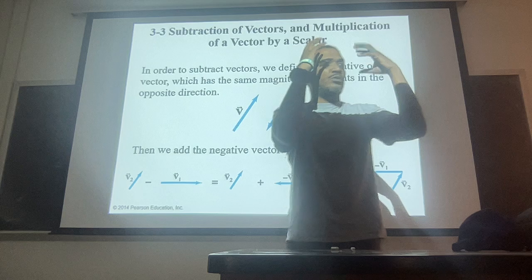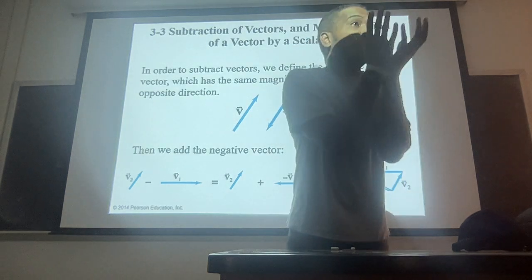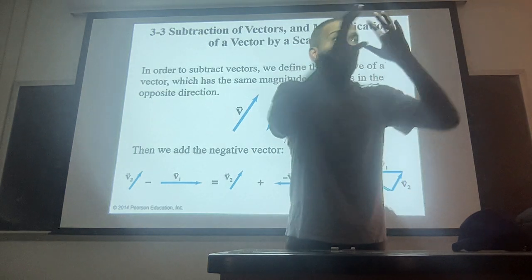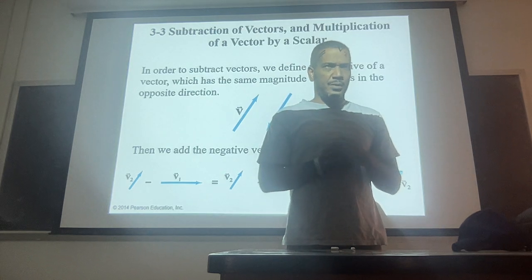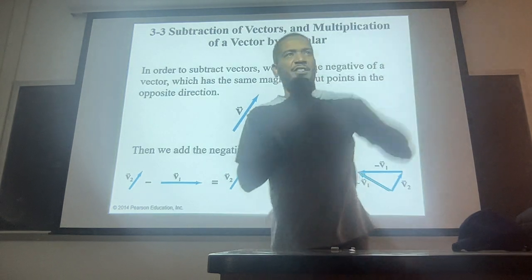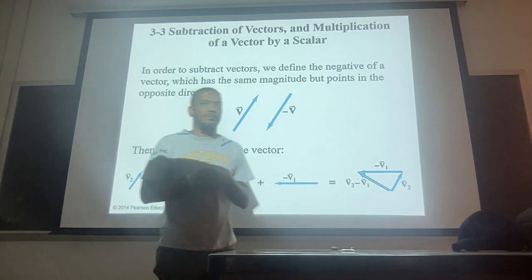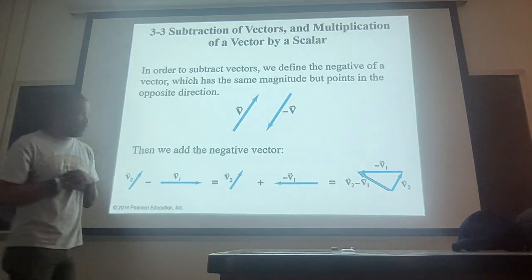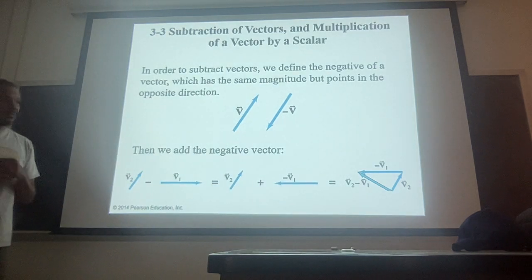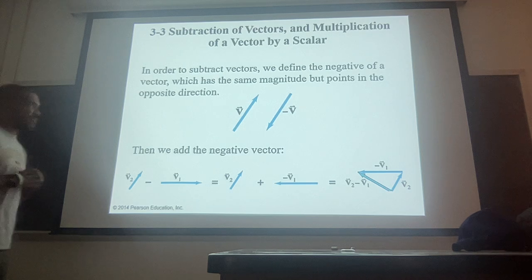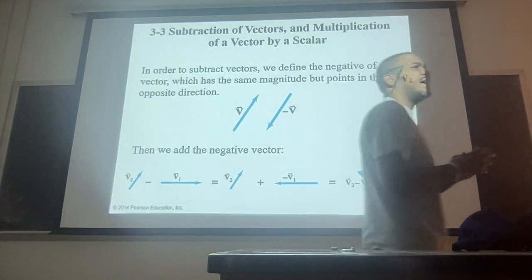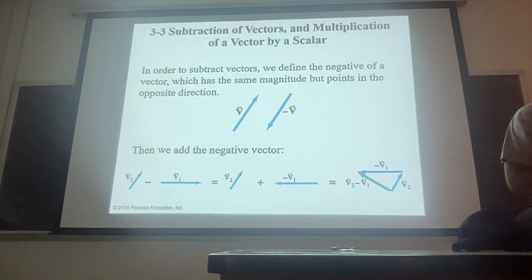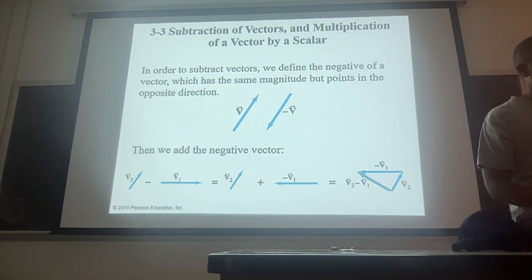But we actually don't change the magnitude of the vector. The actual size of the vector remains the same. That's important. But the direction changes. That's the whole reason, that's what we started with, right? That vectors have magnitude and direction. And one without the other is not enough information.